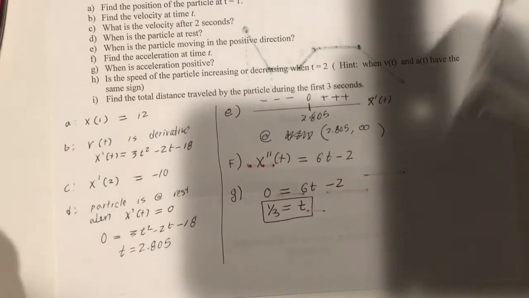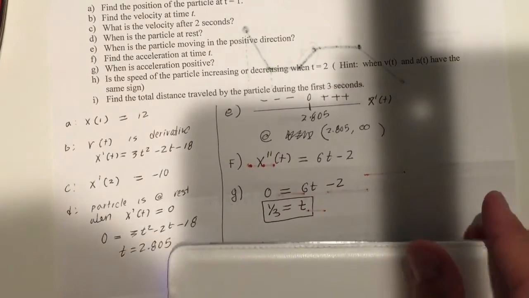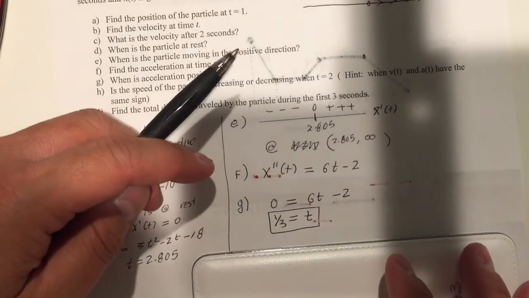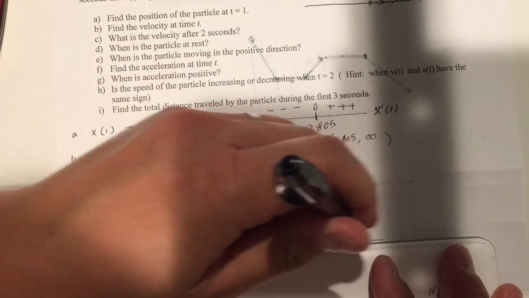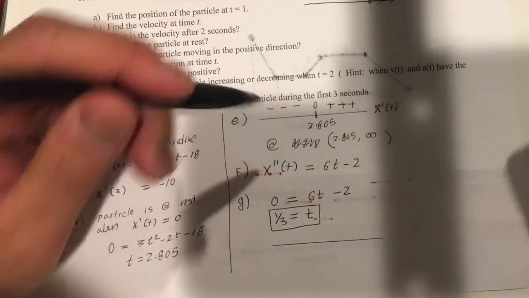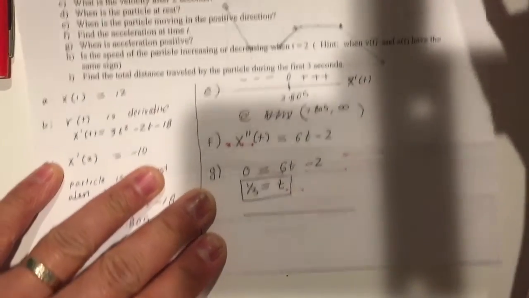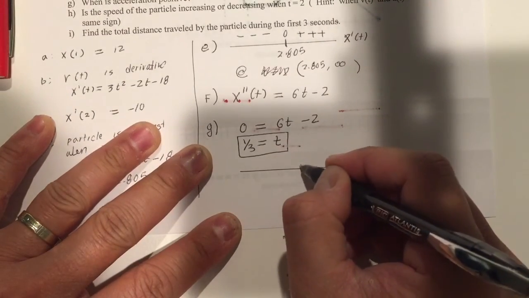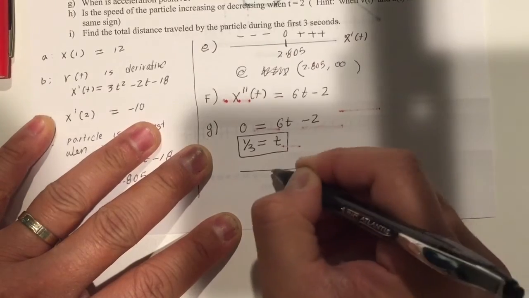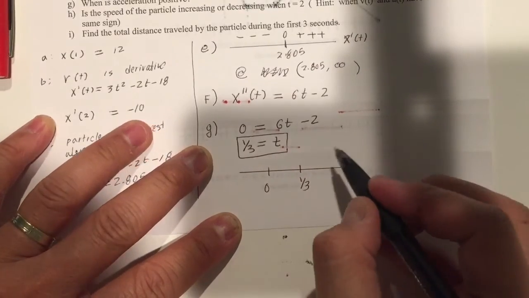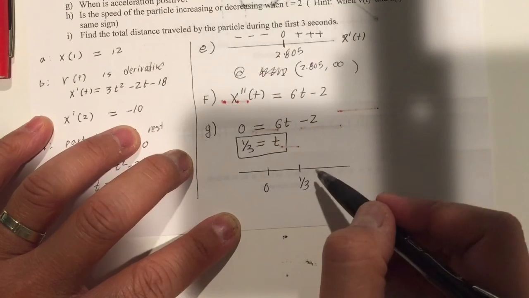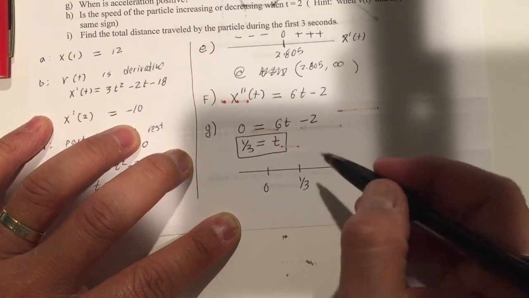We create a number line. One-third. We pick a test point, so let's pick a point to the right of 1/3.